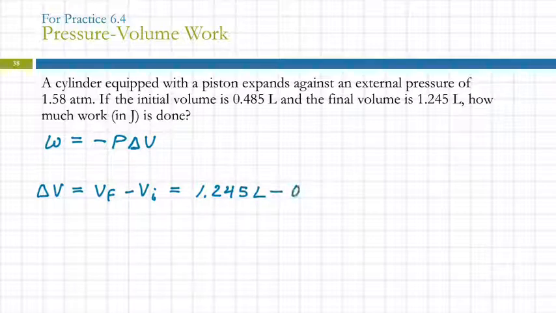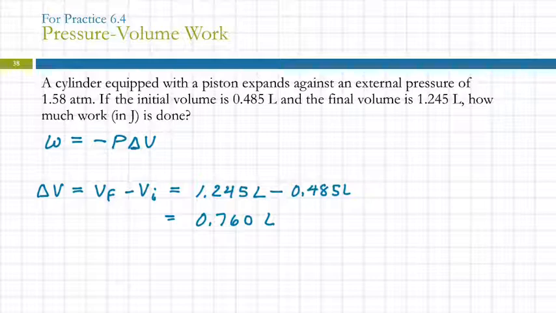The initial is 0.485 liters. 1.245 minus 0.485 is 0.76. I'm subtracting here. Each of these has 3 decimal places, and so the result of that subtraction should have 3 decimal places. So I'm going to put another 0 on there. That's my change in volume.